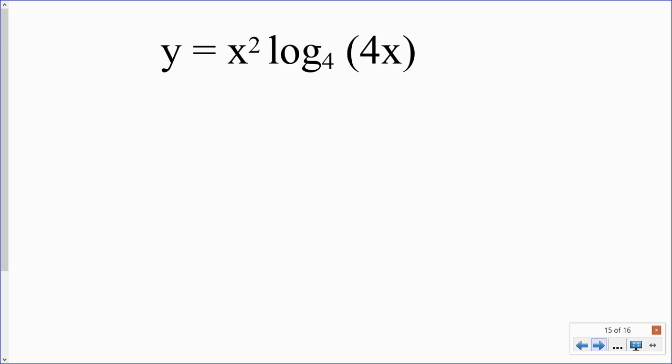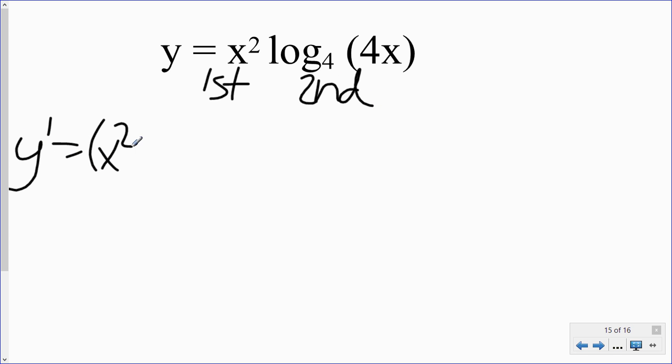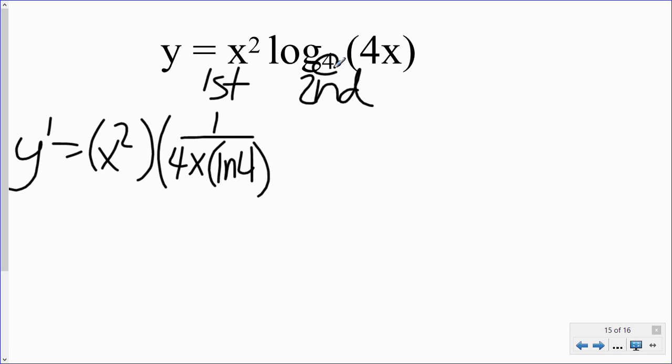Okay, and here we have x squared times log base 4 of 4x. So in this case, we have to use product rule because x squared is your first function, and then log base 4 of 4x is the second function. So here we would go first, okay, times derivative of the second, which is going to be 1 over 4x times natural log of 4, because 4 is the base.